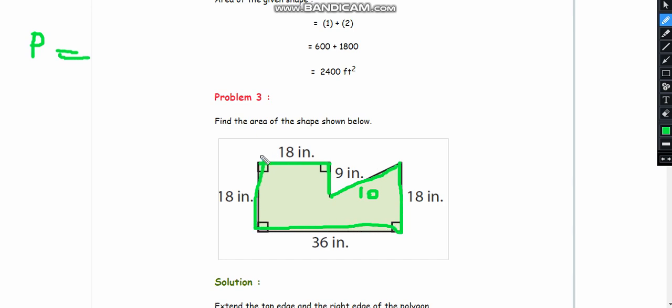I'm going around it in a clockwise manner. I'll just get my calculator out. So that would be 109 inches for that perimeter. Okay? And now try and find the area of the shape.